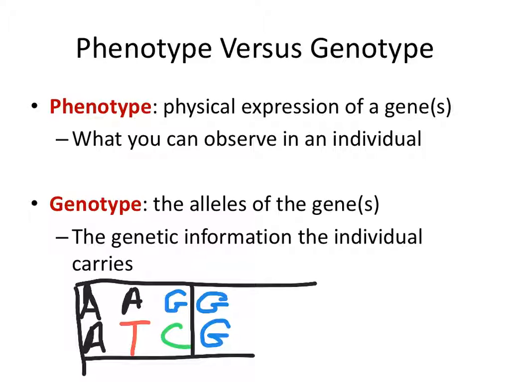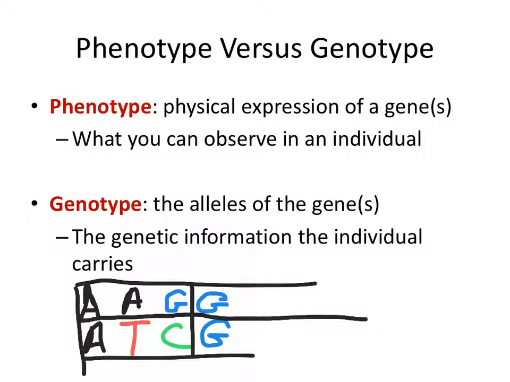This is from mom and dad. So, obviously the complement for this A is a T. The mom could have an A in this base pair, and her other chromosome could have a T. Or she gets an A, this individual gets an A from her mom and a T from her dad.